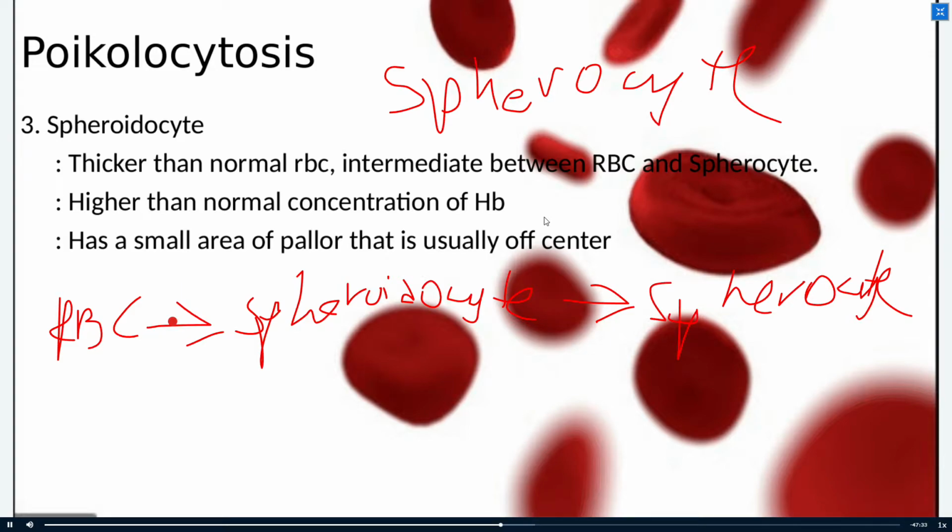Again, your spheroidocyte is the stage intermediate between RBC and spherocyte. So it doesn't have a central pallor anymore. Pwedeng nandito siya sa bandang side.